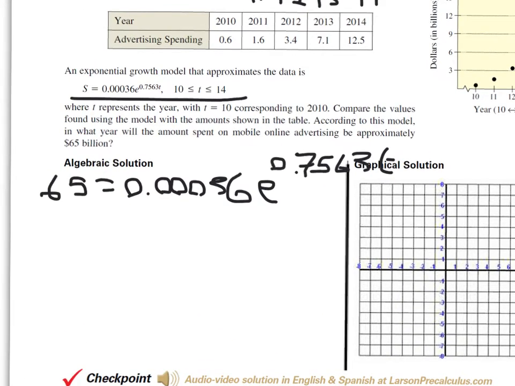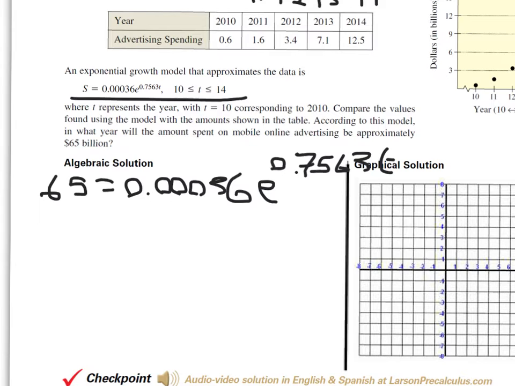You're going to try to get your function, your e, alone. So what we need to do is divide here. Then we want to try to get t by itself.